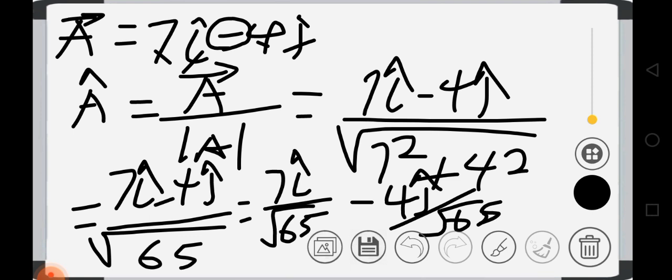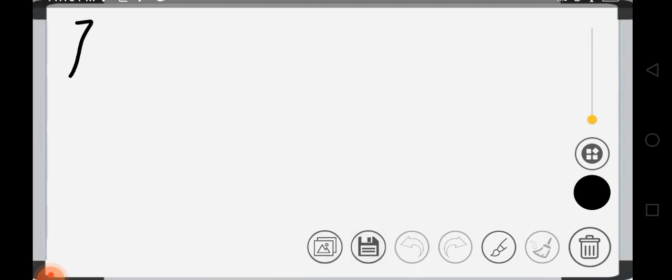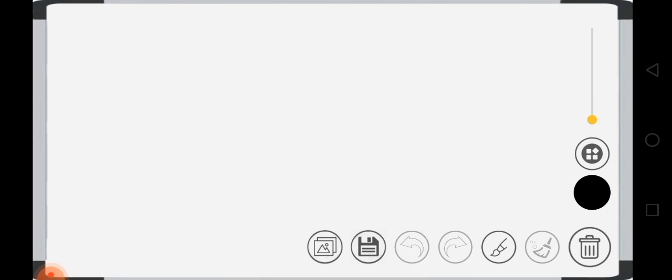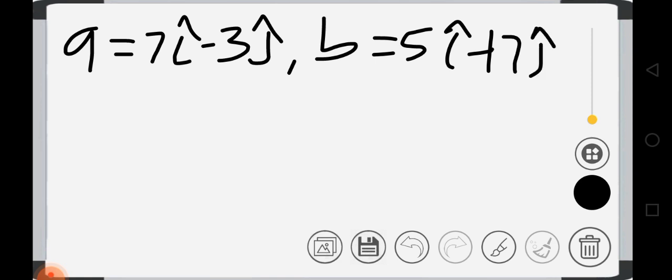We are told that given that a is equal to 7i minus 3j and b is equal to 5i plus 7j, find 3a plus b.